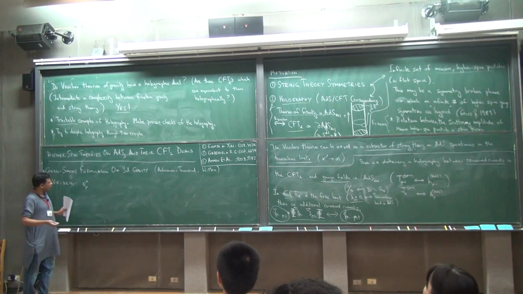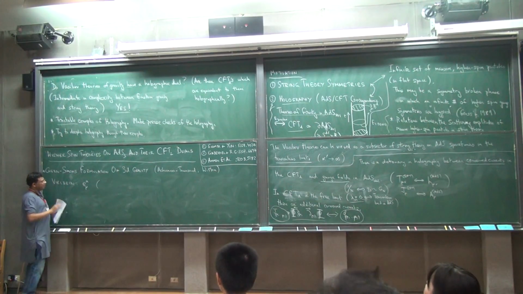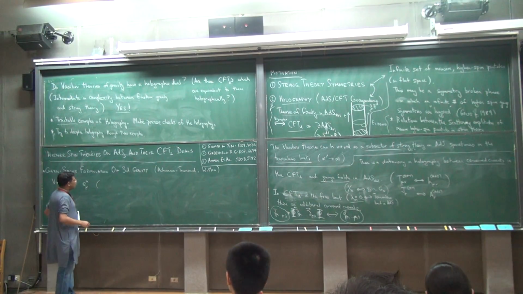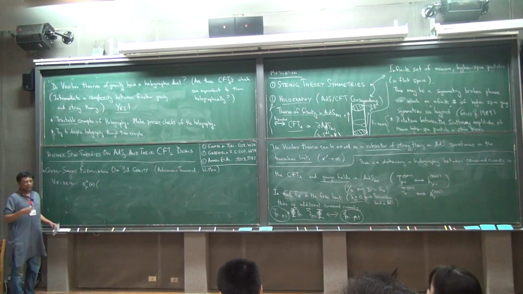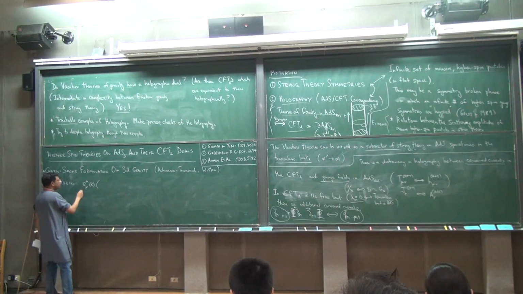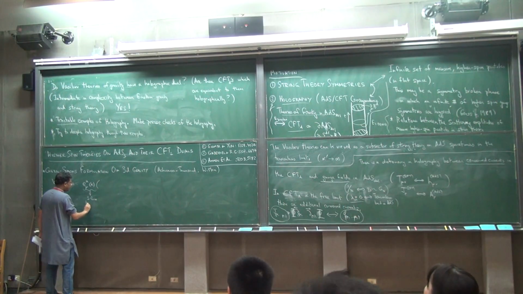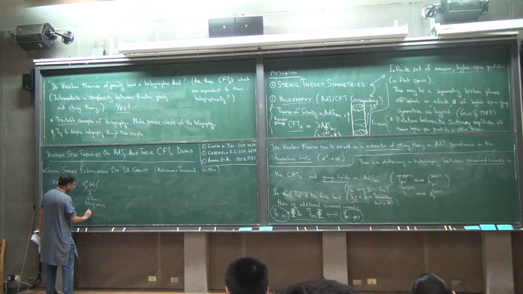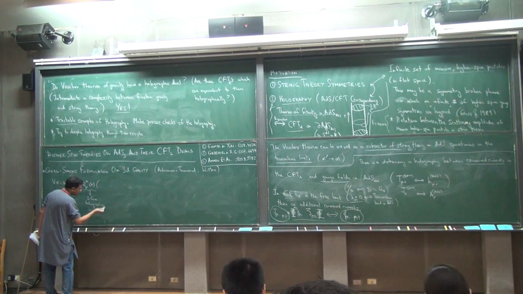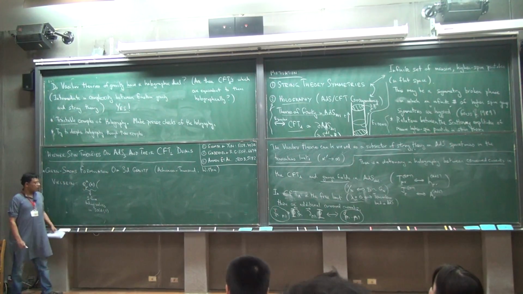What are these? I don't know if you have seen this, but I'll briefly tell you about it. Instead of talking about a metric as your basic variable, you replace it by a so-called one-form taking values in SO(d,1).